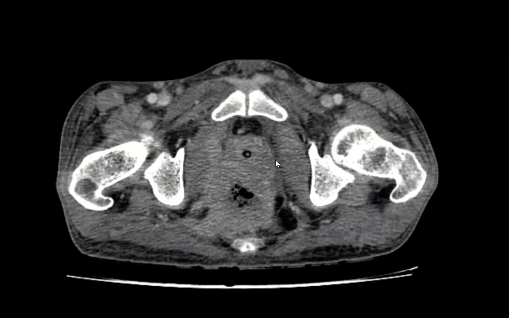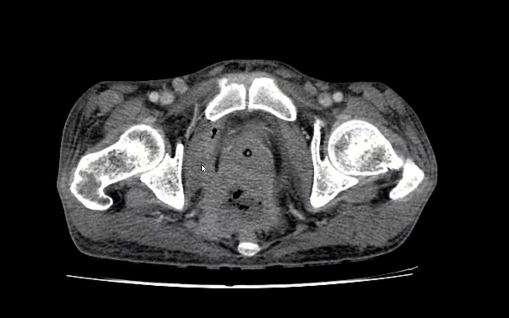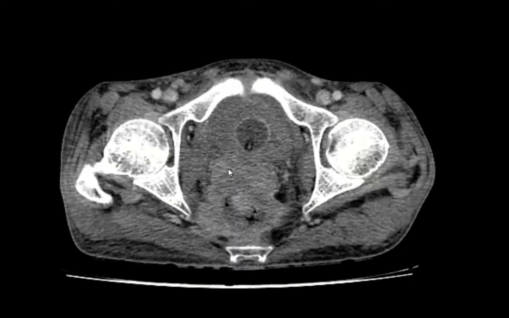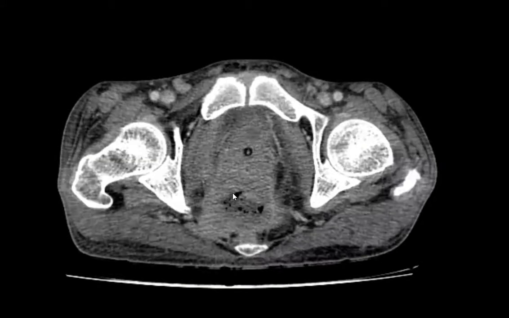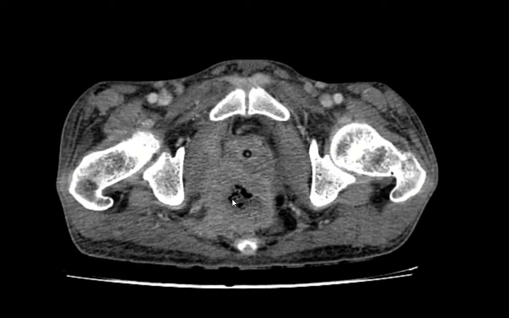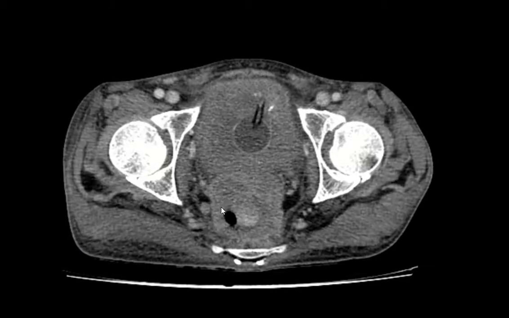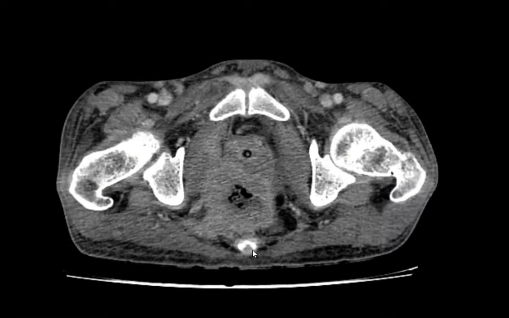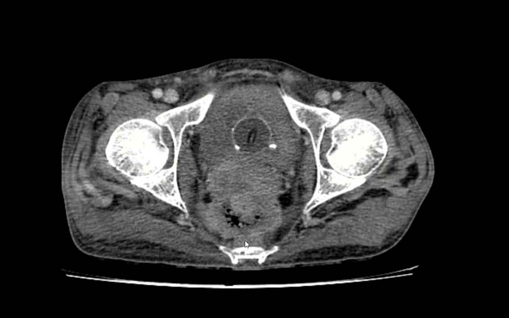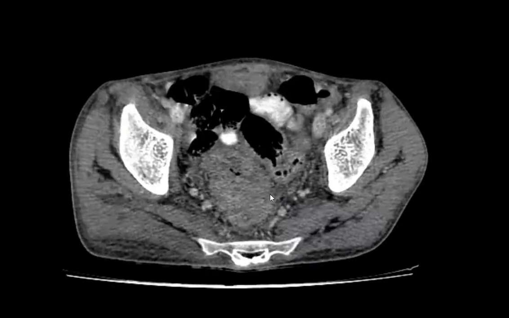Then on the right side, it is involving the levator ani muscle, one of the muscles which form the pelvic floor. Posteriorly it is involving the gluteus muscle, which we have already talked about. Then in the midline and posteriorly it is involving the presacral region.